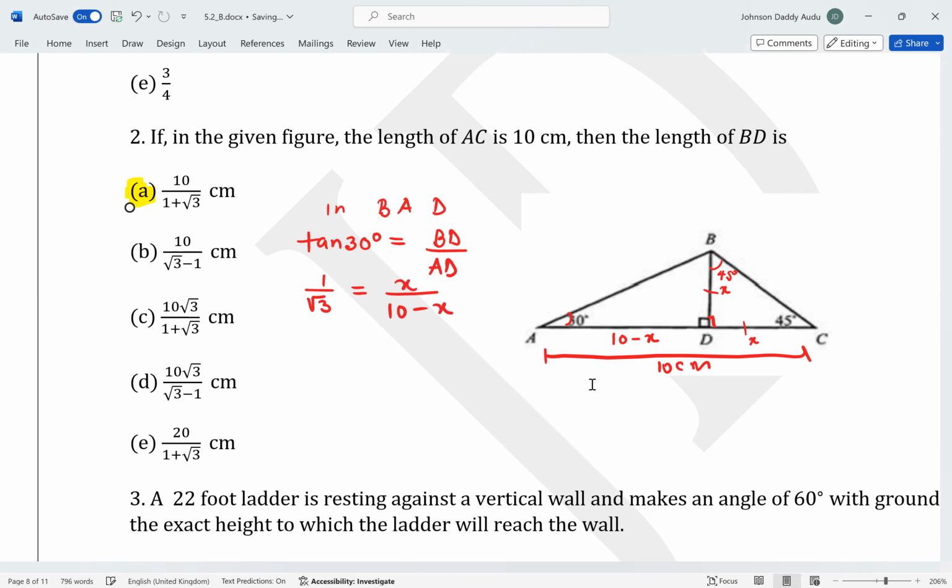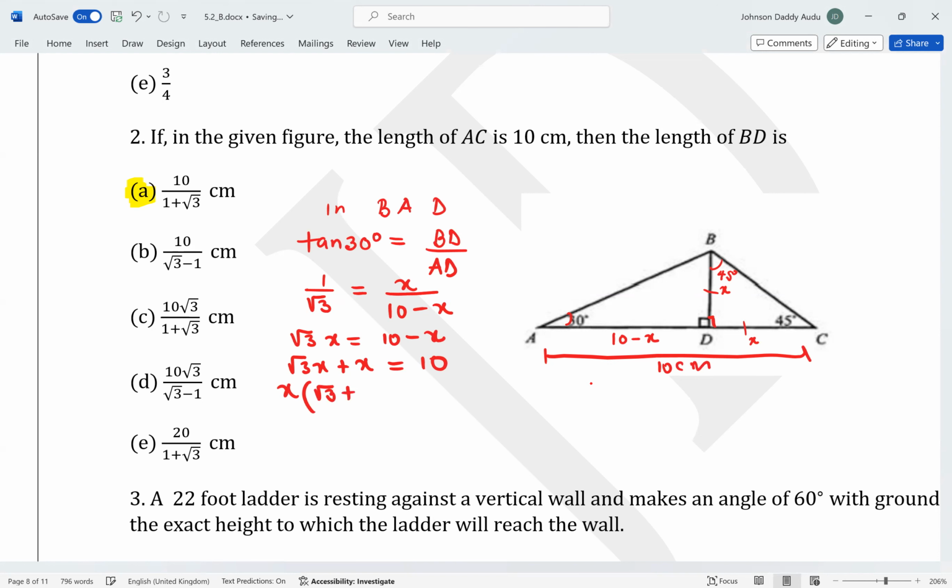So all we need to do is to solve for X. Here we can cross multiply. So root 3 X is going to be 10 minus X, right? And maybe we'll put the X's together. So this is root 3 X plus X is equal to 10. Here we can take X as a common factor.